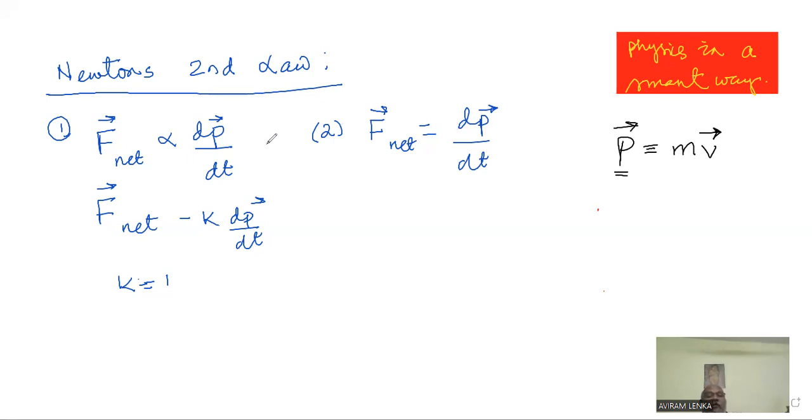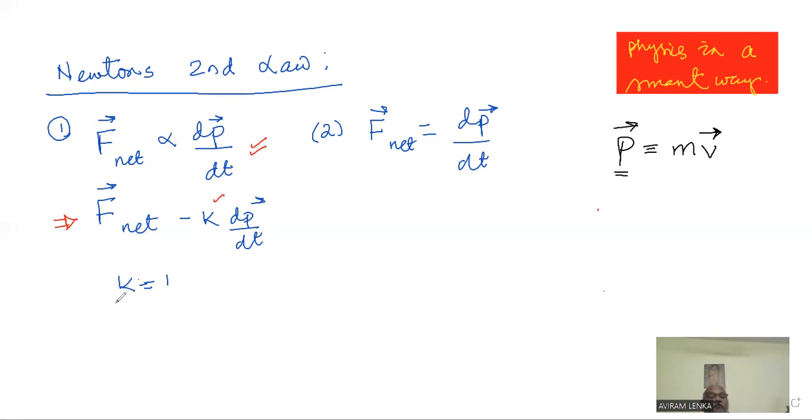Okay. So coming back, as per NCERT, the net external force is proportional to the rate of change of momentum. So that implies the net external force will be equal to a proportionality constant times dp by dt.